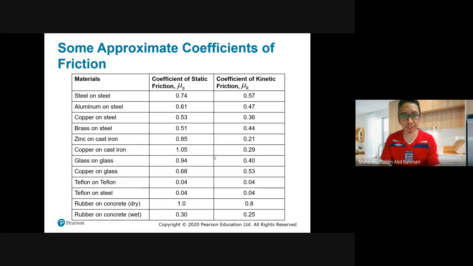You look at the composition of the object. It is not heavy, so that's why it has a small value of mu s and also mu k. So you can just study this table.